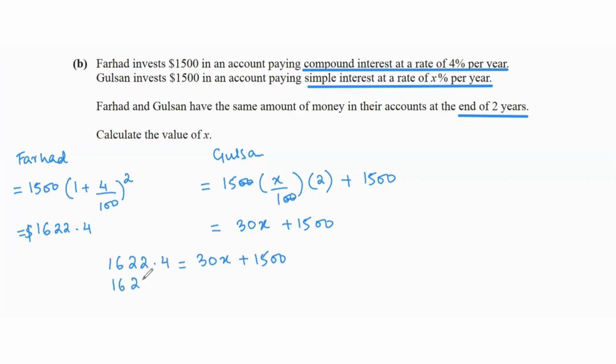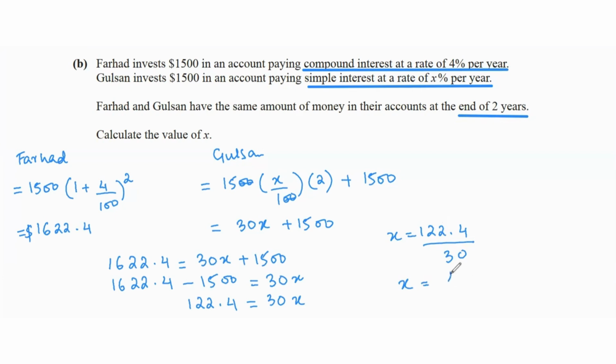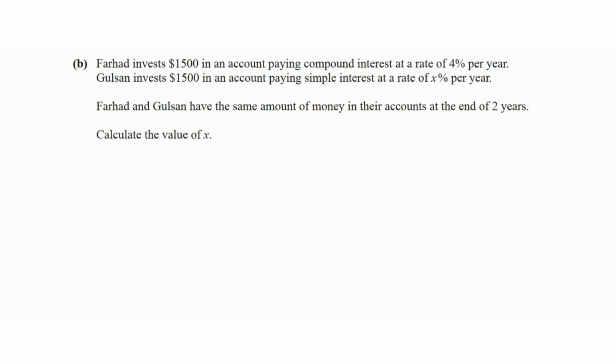Bring 1,500 to the other side to subtract from 1,622.4, which gives us 122.4 equals to 30x. And x is going to be 122.4 divided by 30. And that gives us 4.08.